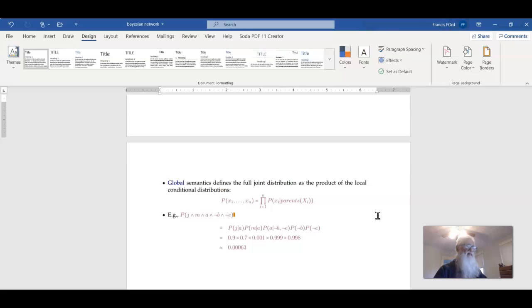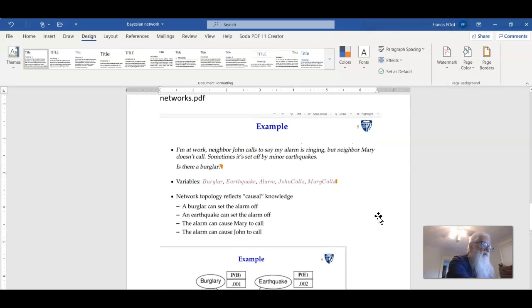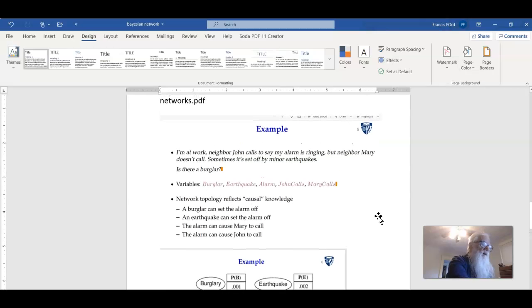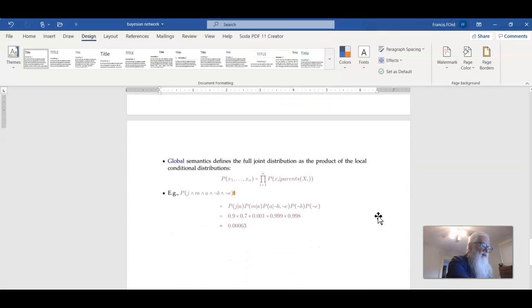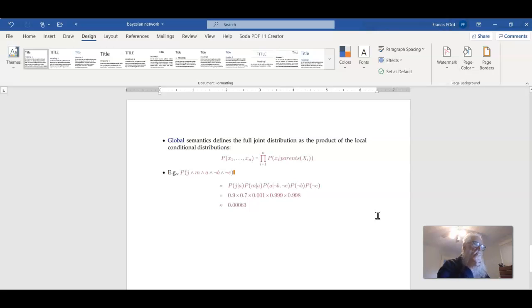So in this case, J means John calls, M means, let's see, I got to make sure I understand what's going on. The neighbor John calls, but the neighbor Mary doesn't call. So I thought that would be a not M there. And that there's not a burglar and there's not an earthquake.